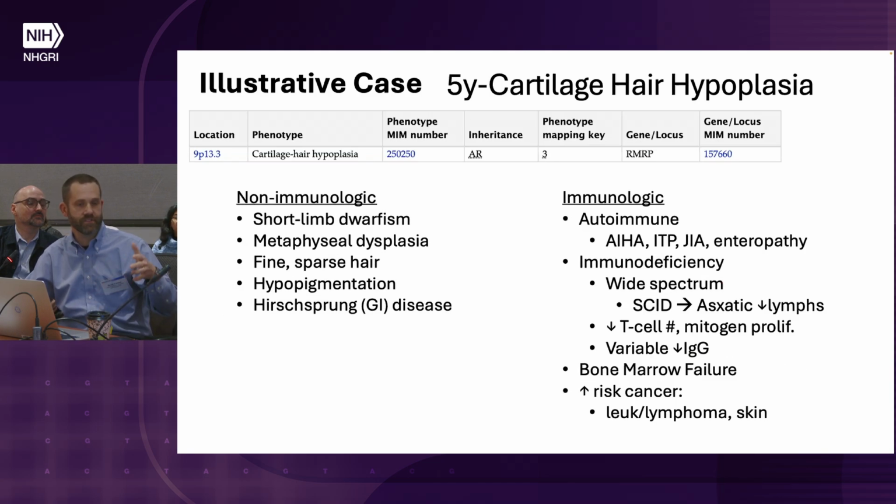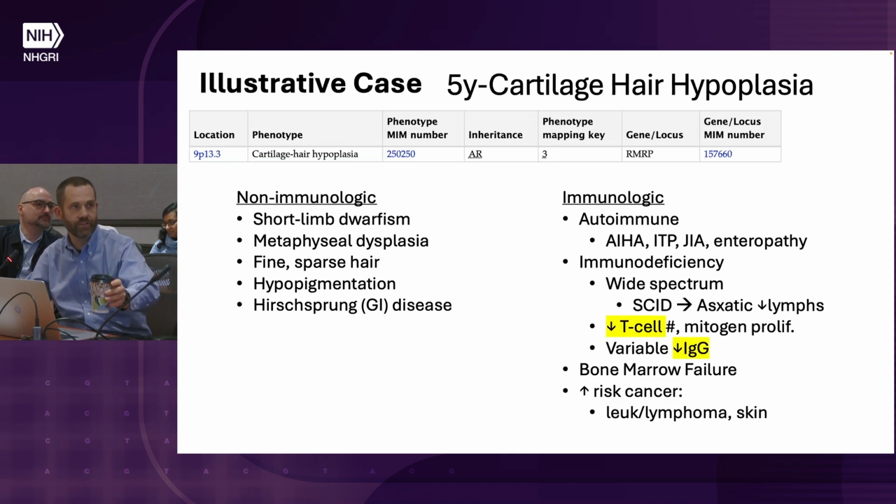And so these patients have both a syndromic appearance as well as a really heterogeneous and potentially severe immunologic phenotype that can include autoimmunity and immunodeficiency and something that I call dyshematopoiesis, including bone marrow failure, but most patients don't have all of this.